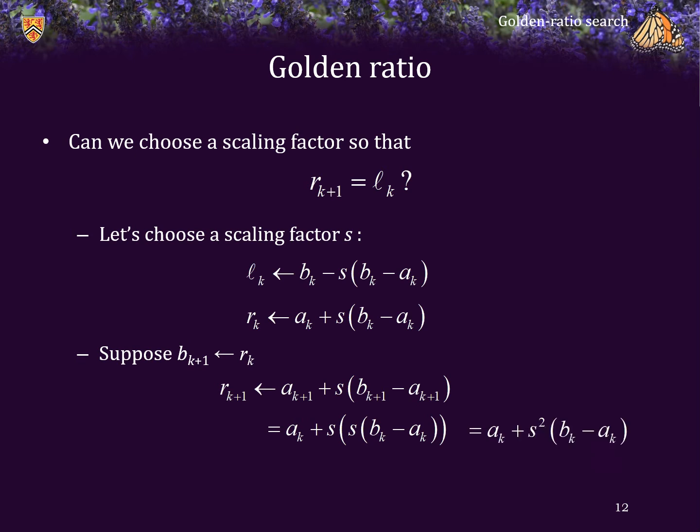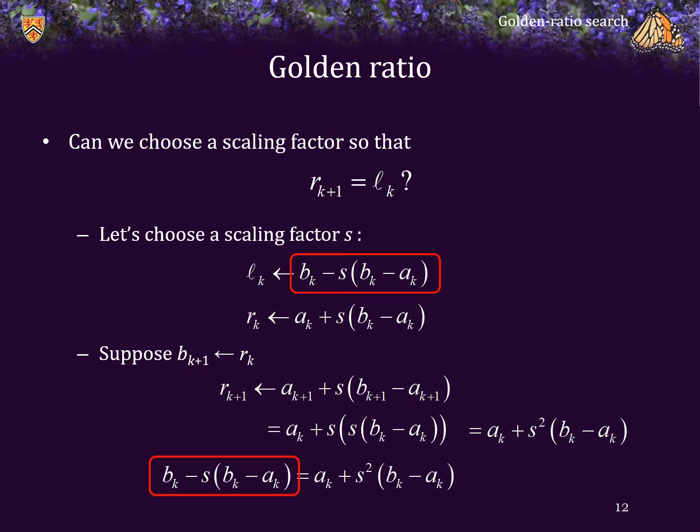And therefore, this is just a sub k plus s squared times b sub k minus a sub k. That is, a sub k plus s squared times the width of the original interval. Consequently, we want the left-hand point at the original iteration to equal the right-hand point of the next iteration. So we want to solve that equation below.